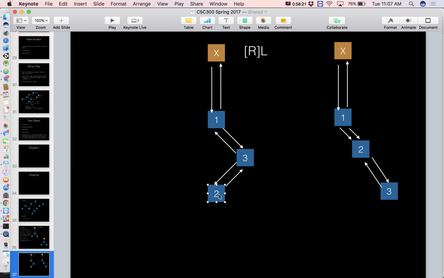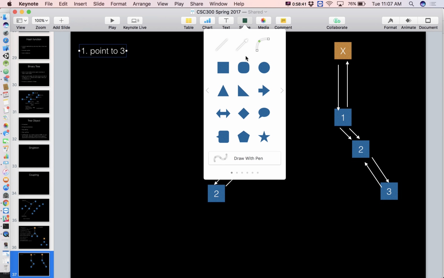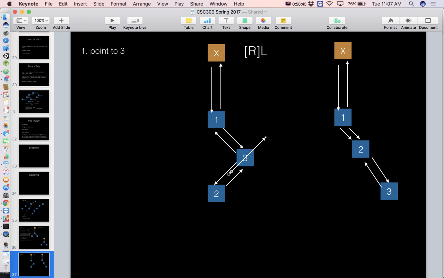We need control of those two nodes. All right, so let's go ahead and shrink the text down now. So point to 3. Okay, and then point to 2.